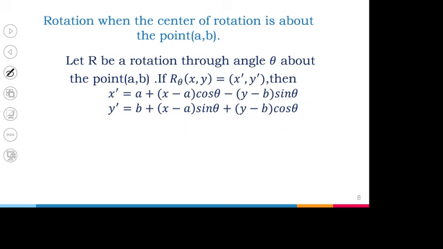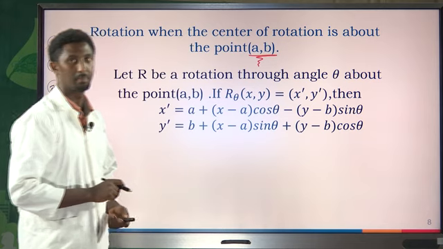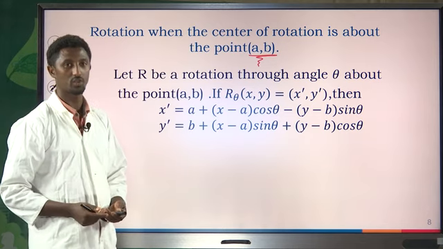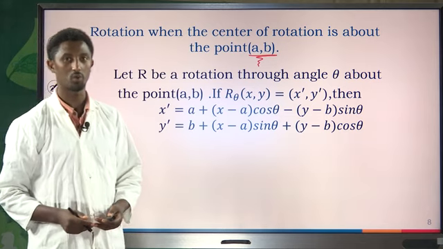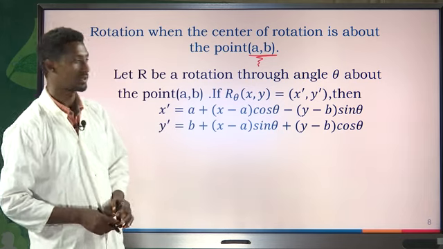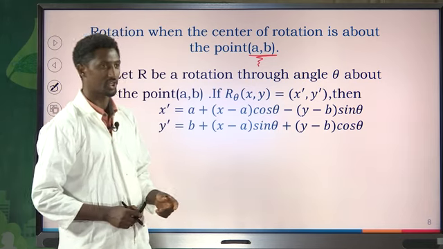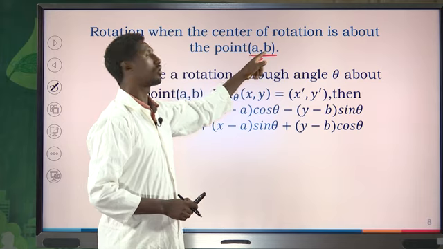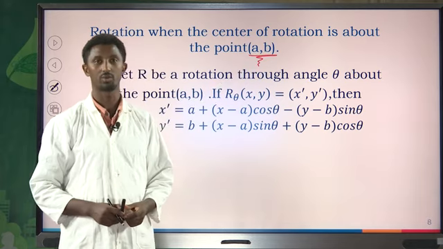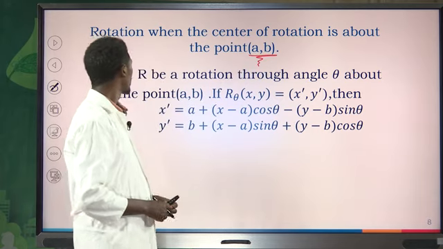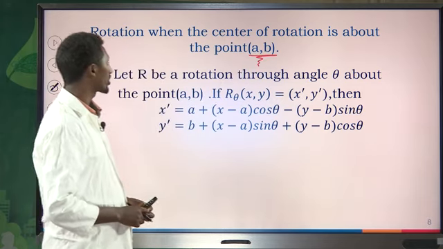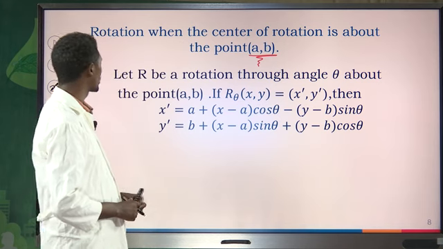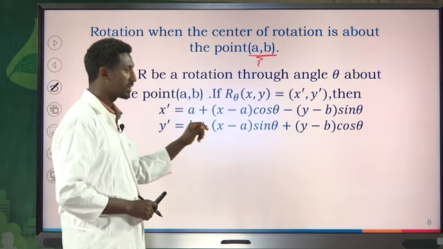Then the other case, when the center of rotation is different from the origin, say the center of rotation is (a, b). It works even when the center of rotation is the origin, meaning (a, b) will be (0, 0). So let R be a rotation through angle theta about a point (a, b).